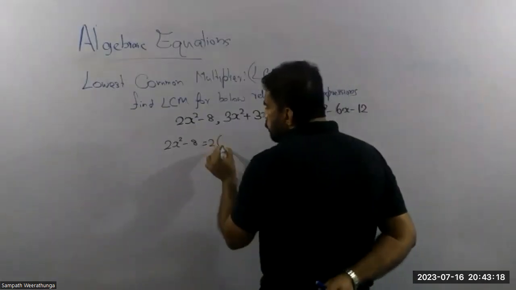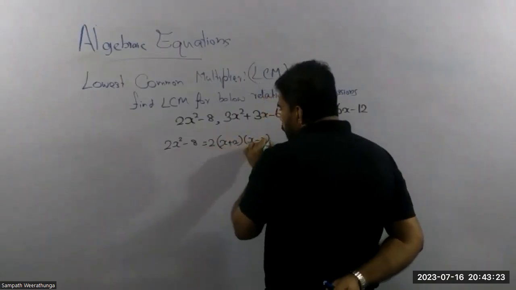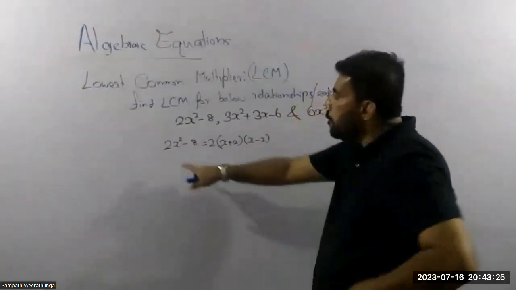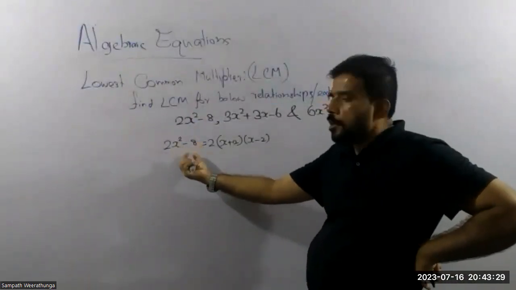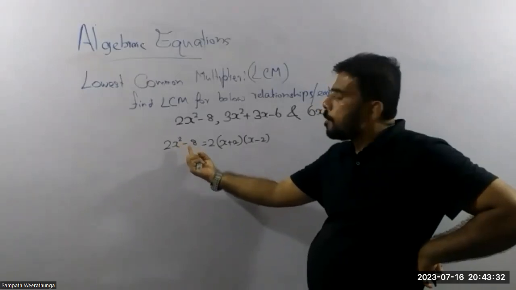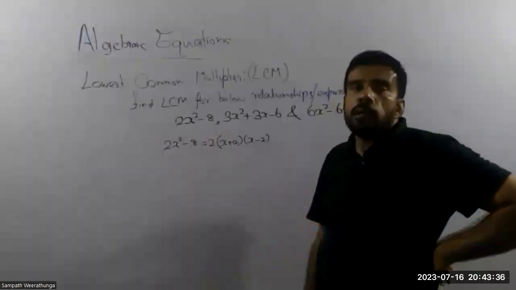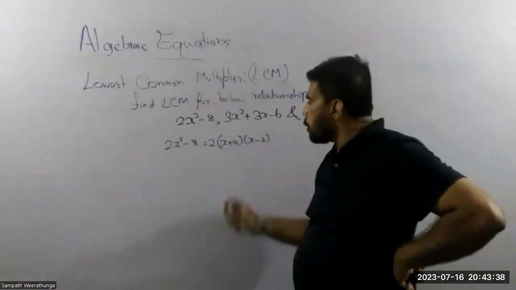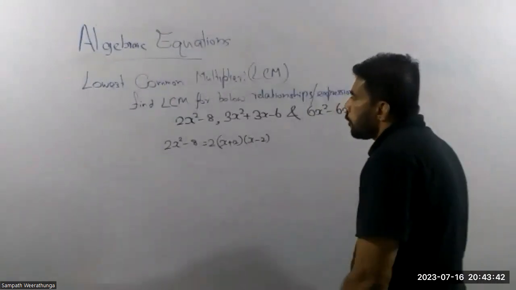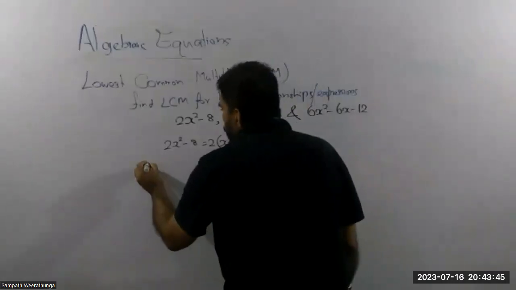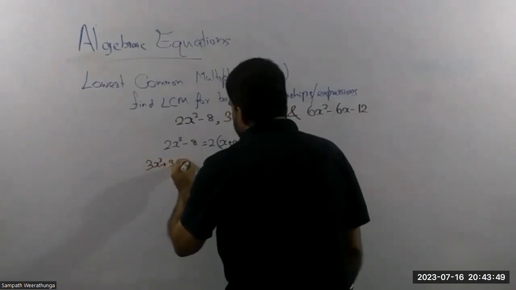This is a difference of squares, so directly I can write this as x plus 2 times x minus 2. So I factorized it directly.